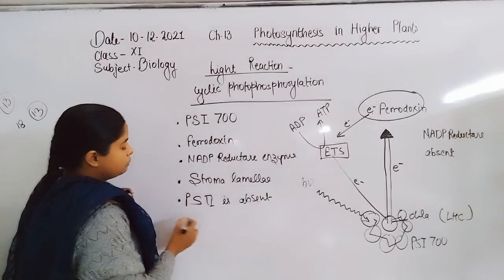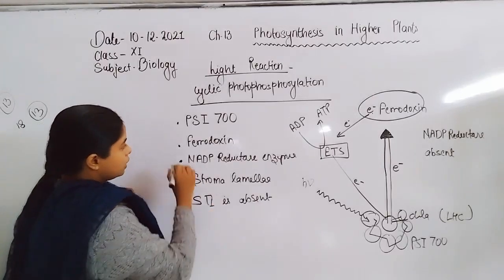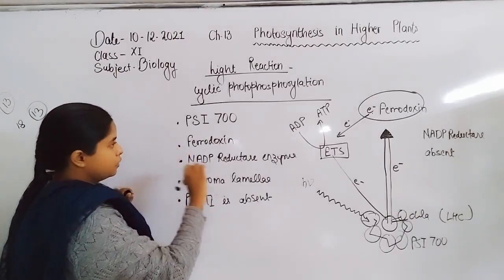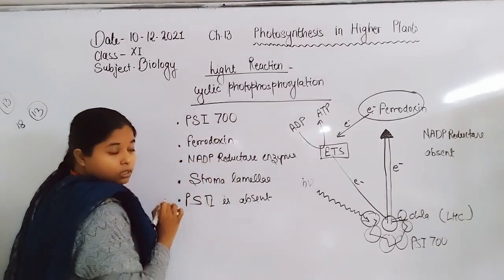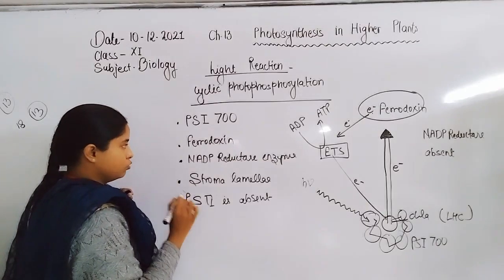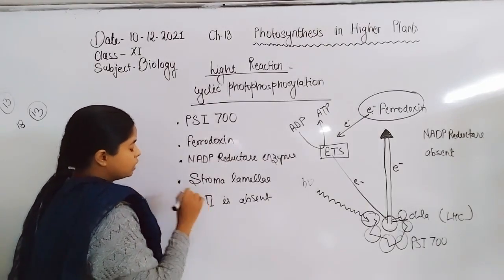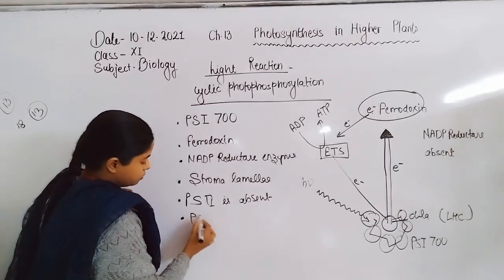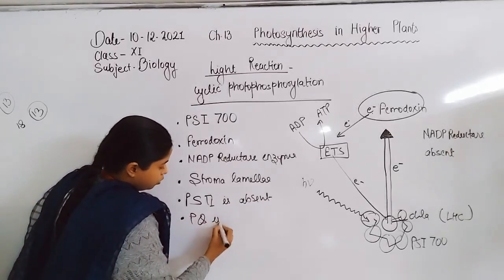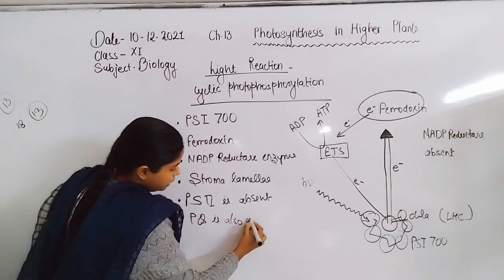In stroma lamellae, due to this reason, the electron is transferred by ferredoxin to the electron transport system, not by the photosystem, not by the plastoquinone. So due to the absence of photosystem II, the plastoquinone is also absent.